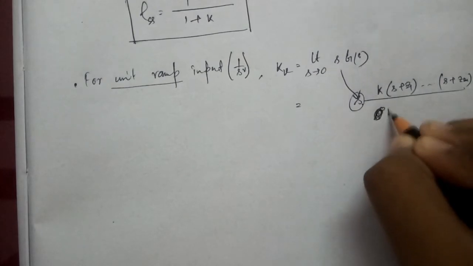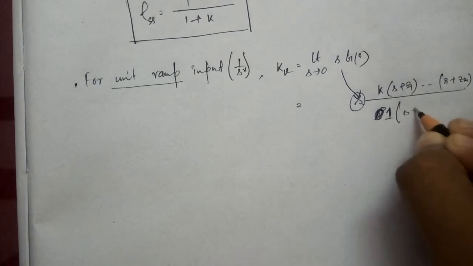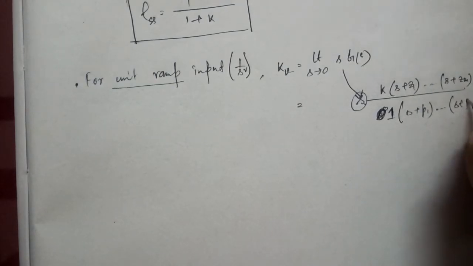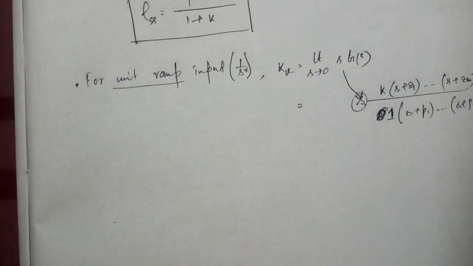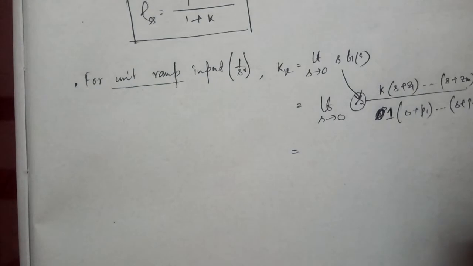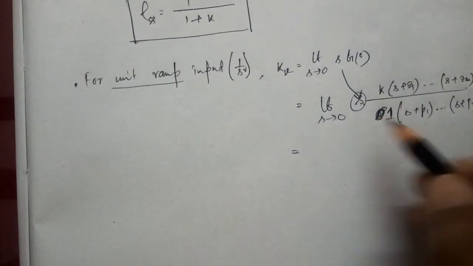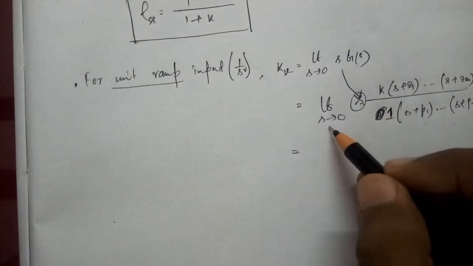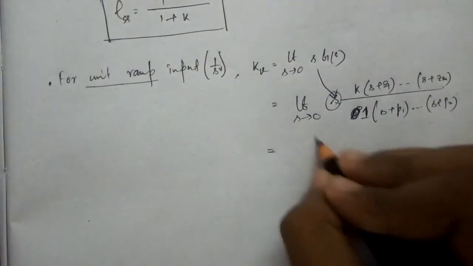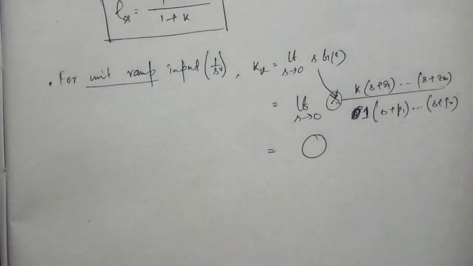So I am directly writing it as 1 into (s plus p1) up to (s plus pn), and here it is limit s tends to 0. So there is no s term to cancel this s term, so if I put the value s tends to 0, it will be totally 0.